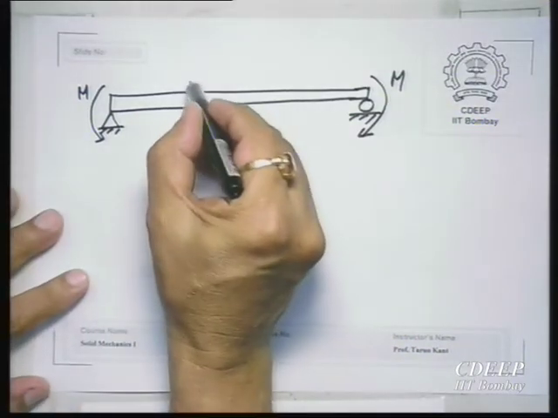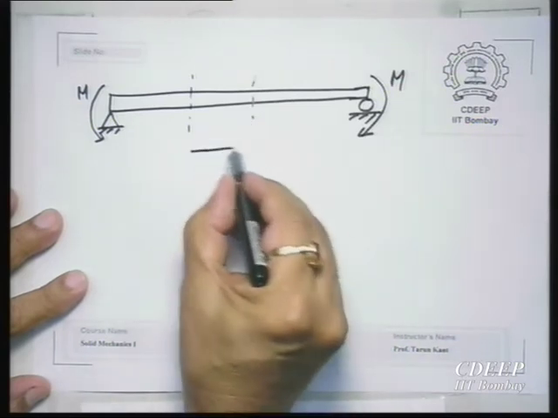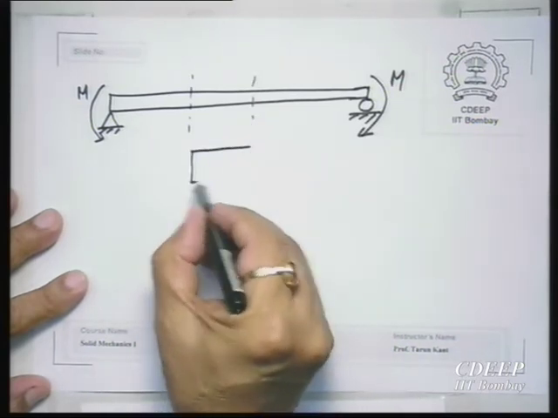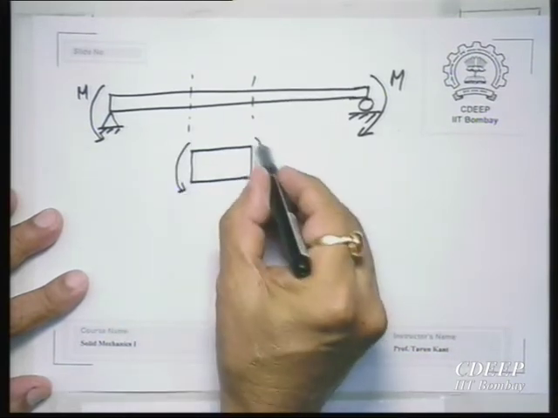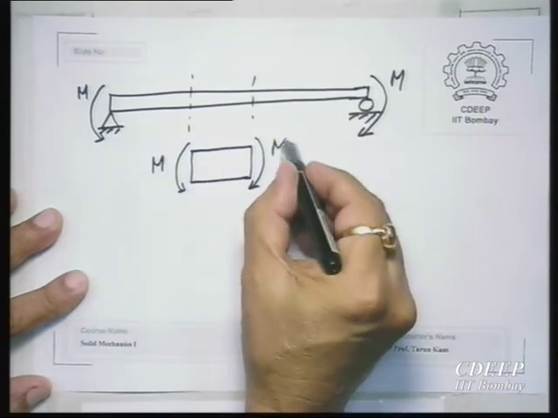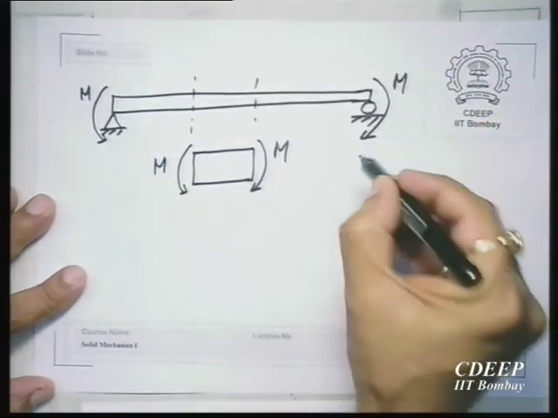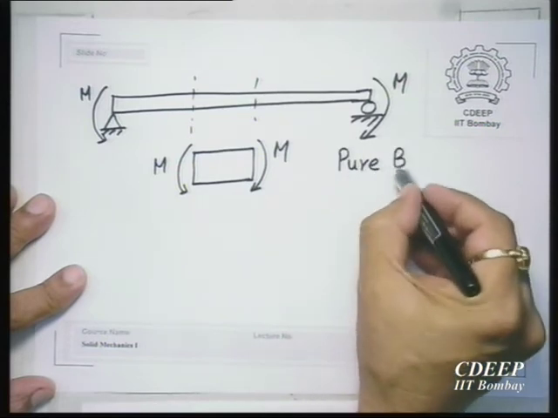So at any cross section, if I take my element, that element also is subjected to only bending moment, no shear force, no axial force. This is pure bending.